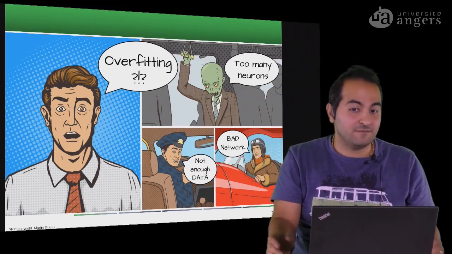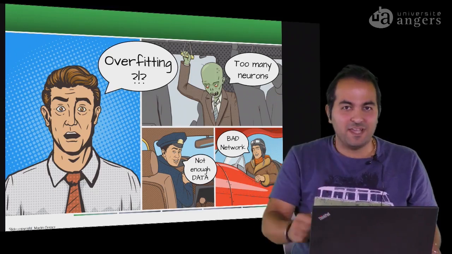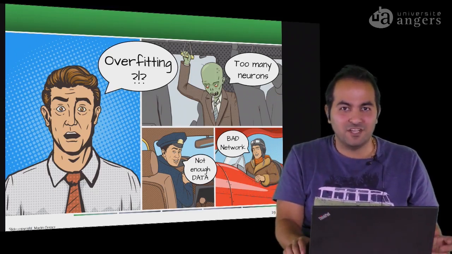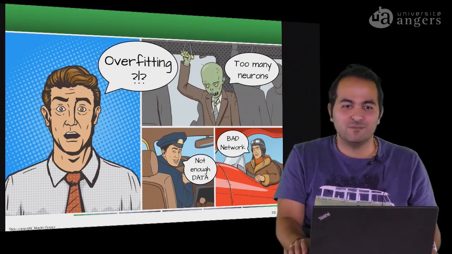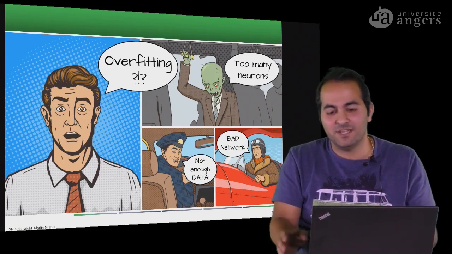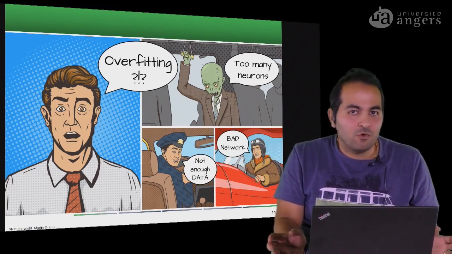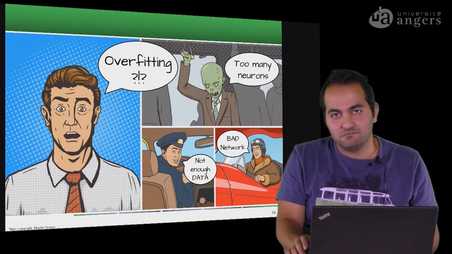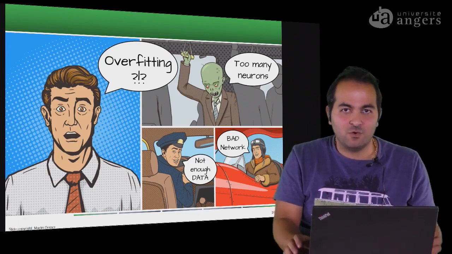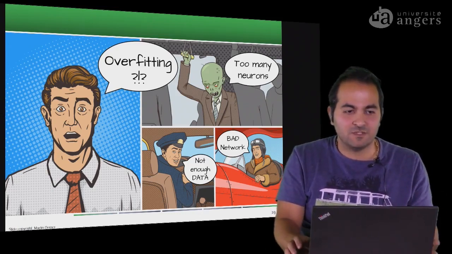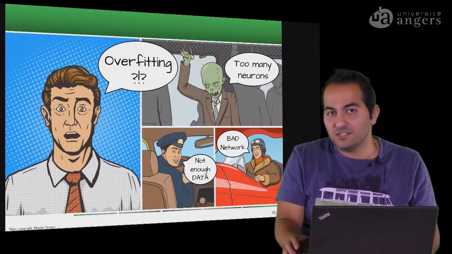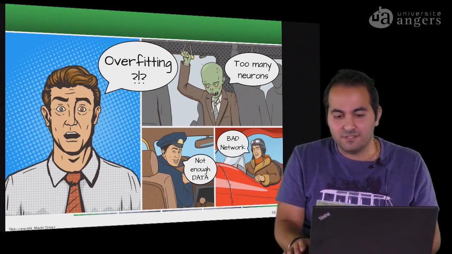Maybe we don't have enough data, which goes back to our first discussion of why we use deep learning and when we can use it. Or maybe we have a bad network, so if we change our network to another model, maybe we can reduce the overfitting.